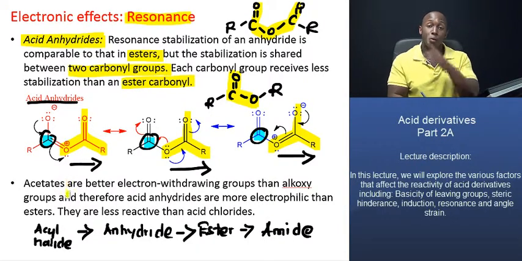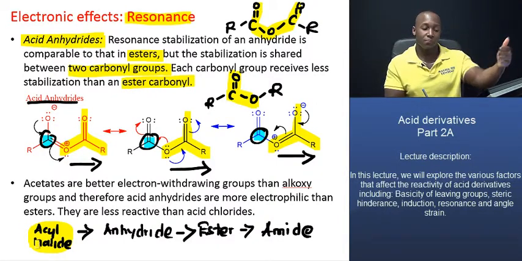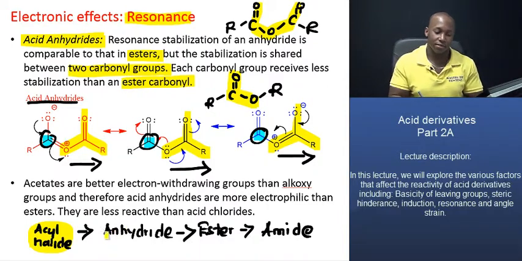So you have the most induction in an acyl halide and the least resonance effect also in an acyl halide, which is why they're most reactive, because remember, induction will increase reactivity, resonance will decrease reactivity, okay?